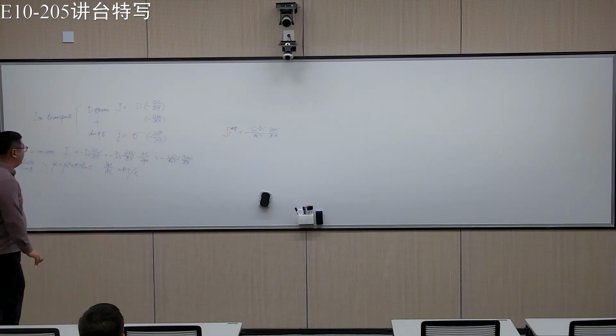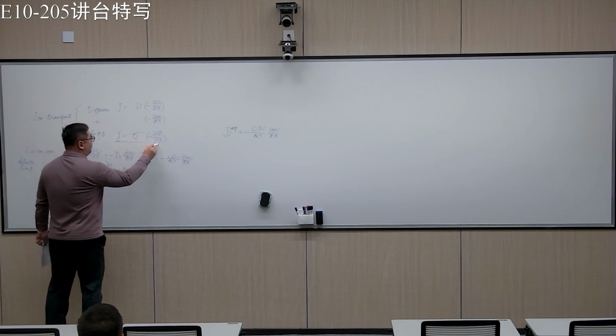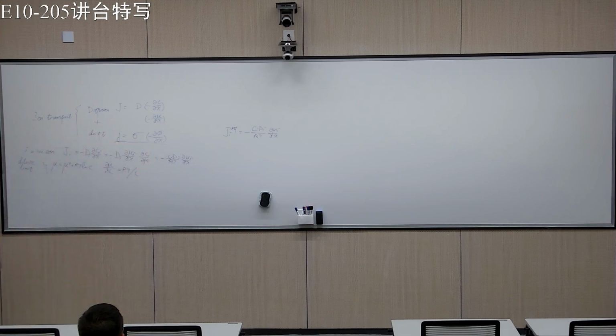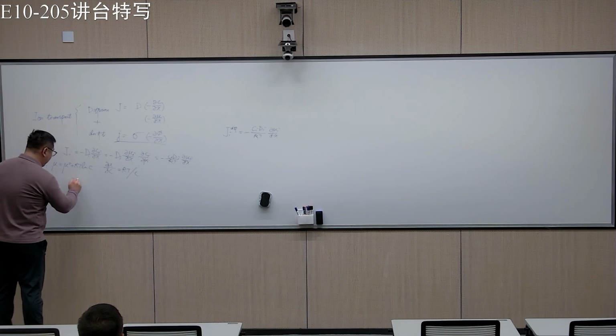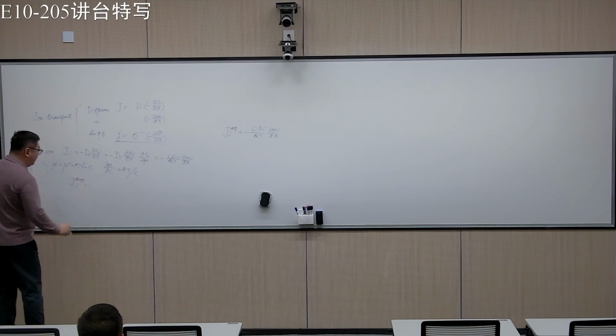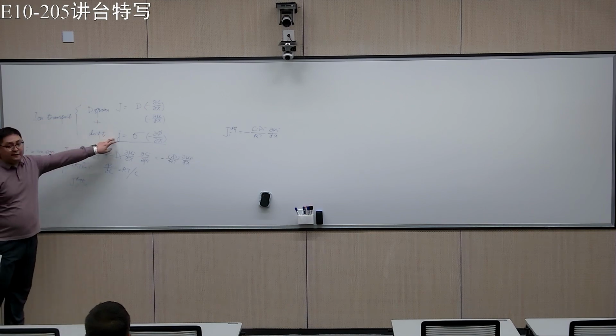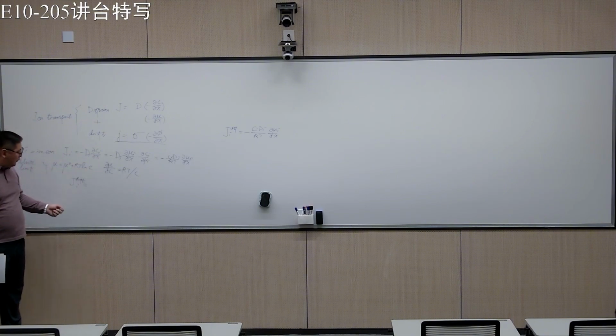We also know that we have drift, which is given by Ohm's law. So J_i drift. We know that this is the flux of charge, and we want to convert it to the flux of particles.